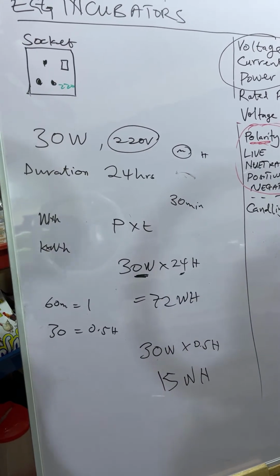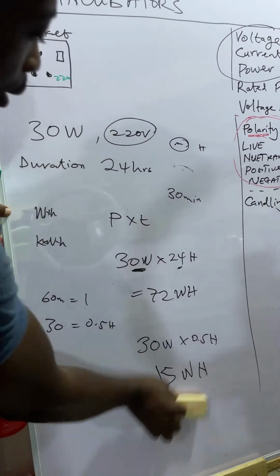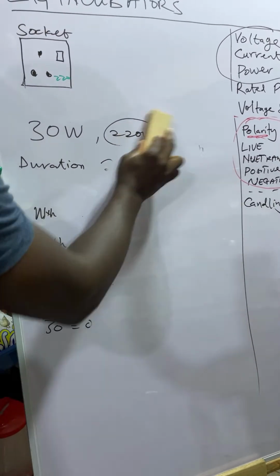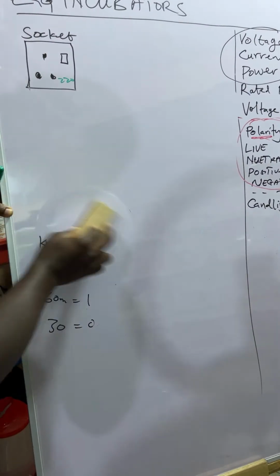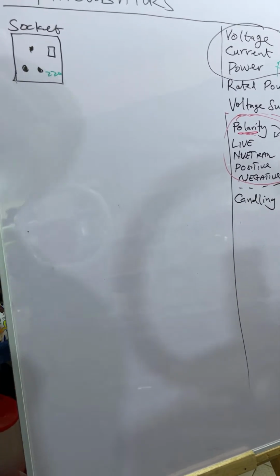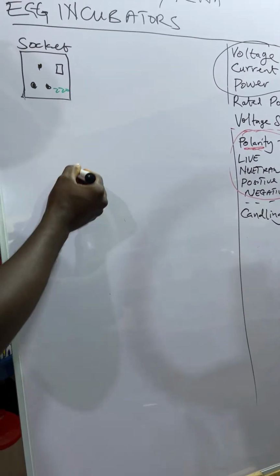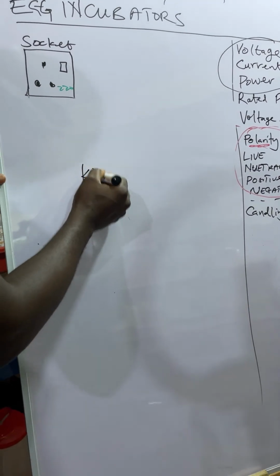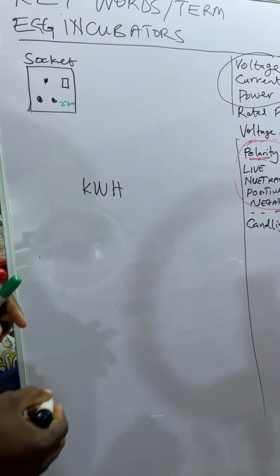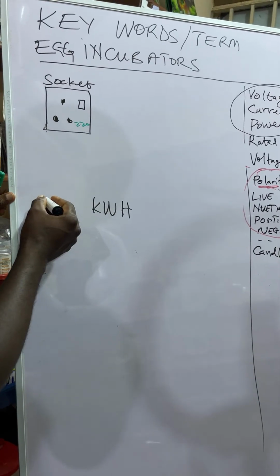Okay, good. Let's quickly move on to the next one. Someone said it should be 30 times 24 over 1,000. If you are doing over 1,000, that means you express it in kilowatts hour. It's the same thing.